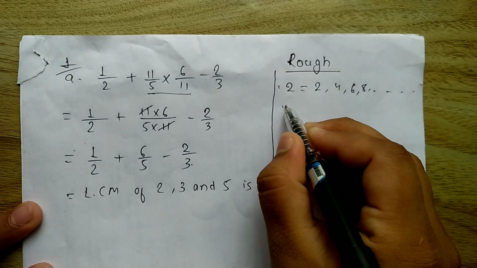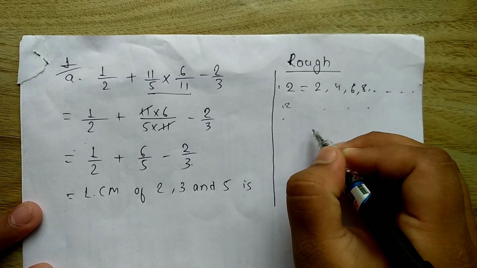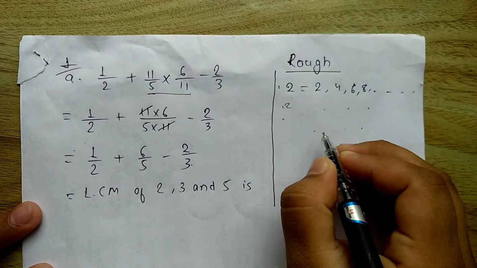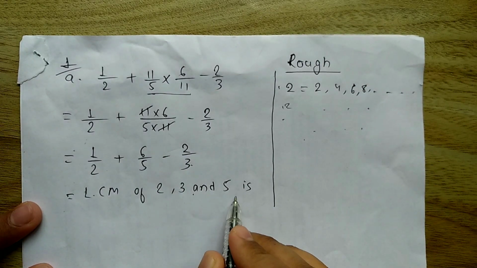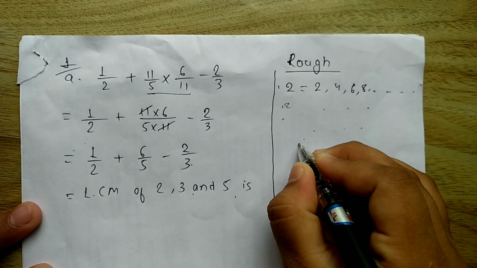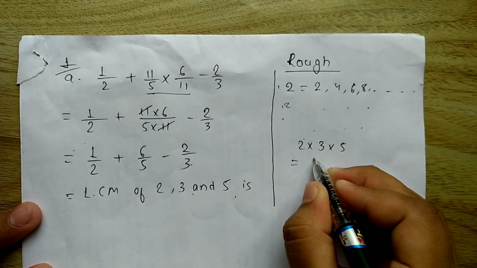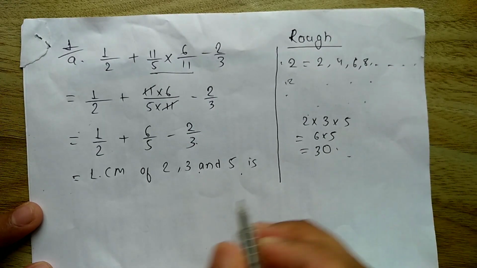Of 3 also you can write the multiples and take the common, and of 5 also you can write the multiples and take the common. But the easy method is, since 2, 3 and 5 are all prime numbers, we'll directly multiply. 2 into 3 into 5: 2 threes are 6, 6 into 5 becomes 30. So 30 will be the lowest common multiple.